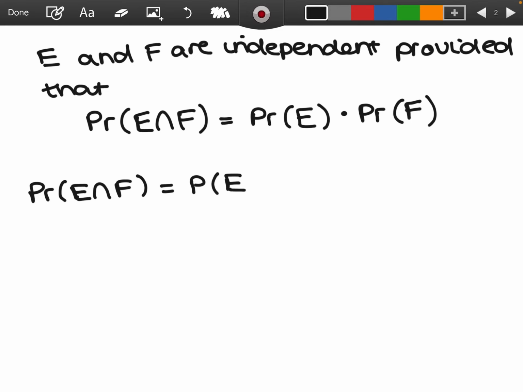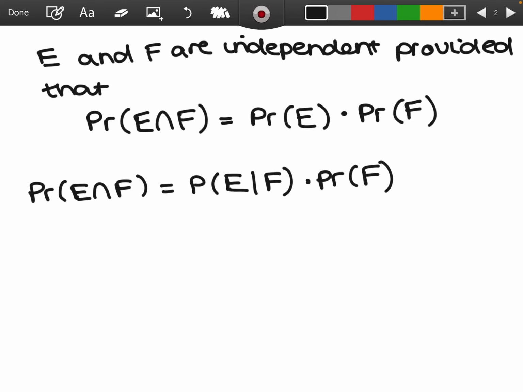If we go back to our product rule, remember that in our product rule, when we looked at conditional probabilities, we know that this was the formula that we would use. The probability of the intersection of E and F is equal to the probability of the event E happening, given that F is going to happen or has happened, multiplied by the probability of F. Now, when we look at that conditional probability, we are looking at the probability of E happening, given that F is going to happen or has happened.